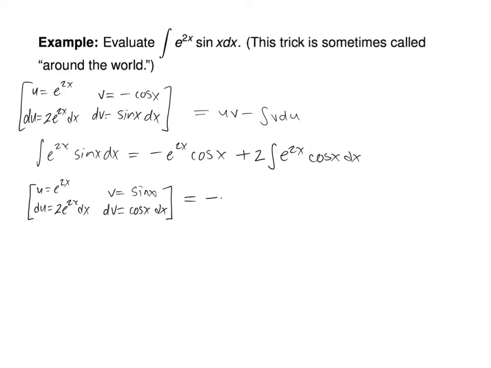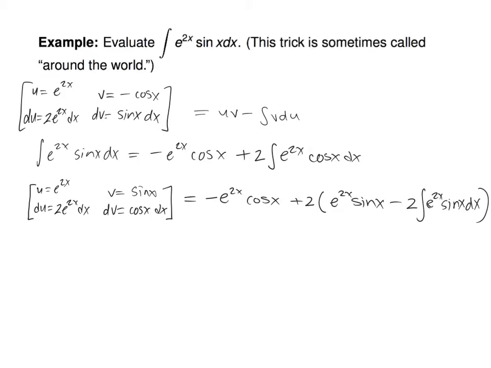So we have negative e to the 2x cosine x plus 2 times uv, e to the 2x sine x, minus 2 integral e to the 2x sine x dx. And you say, Beth, not fair.